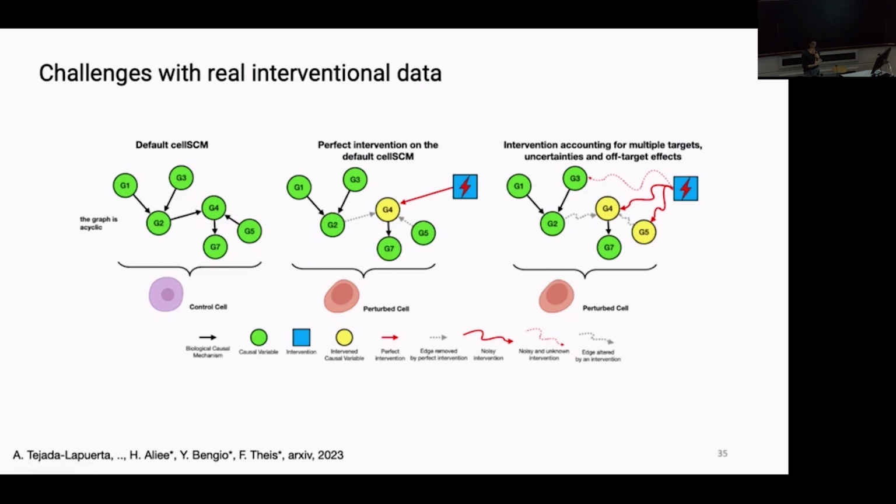It means that it's only going to target the specific gene that we are interested in, which is G4 here. But in real cases, this is not really possible. A drug can have multiple targets, and sometimes it can be imperfect. And in a worse scenario, sometimes they might have effects that we don't even know or haven't anticipated. So this is one of the challenges with real interventional data.